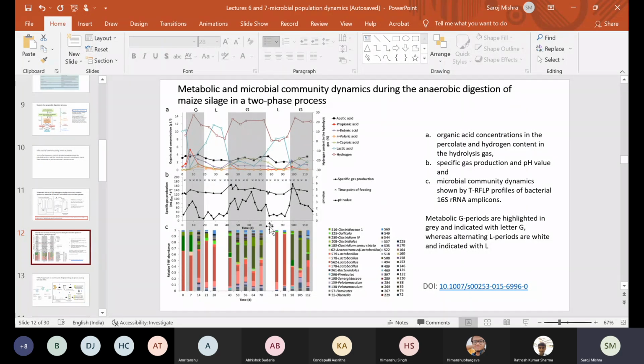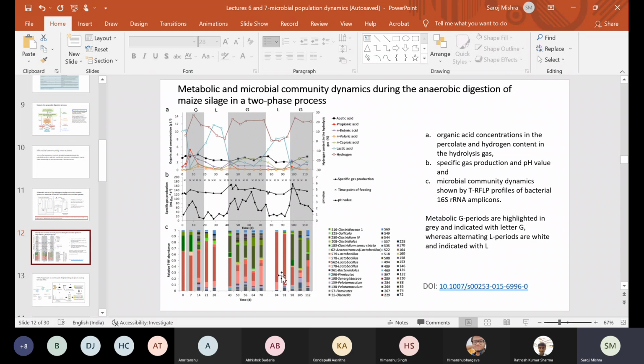But the way you are going to interpret this data is that, for example, at 0 time, you have something, you have 60%. So this is the terminal restriction fragment abundance. Okay, so now if one means 100% of the transcripts which you have been able to see, out of which 66%, or 0.6 out of total 1, belongs to a community which is 562 Lactobacillus.